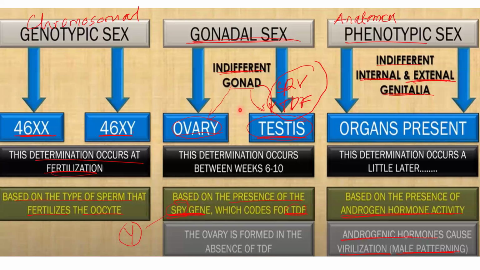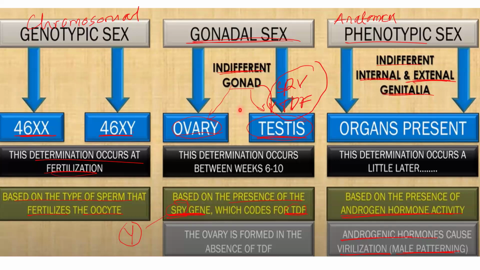So what am I saying? Androgens are required for male patterning to occur. If androgens are not there, then the indifferent external and internal genitalia by default acquire the female phenotype. You need to understand that for the male sex organs to be formed, you require an intact Y chromosome.